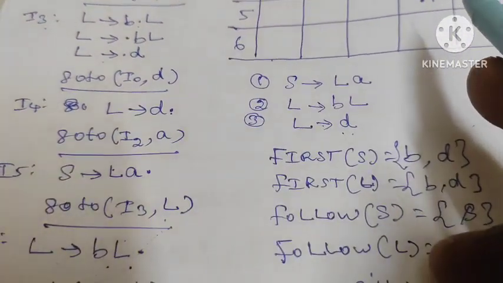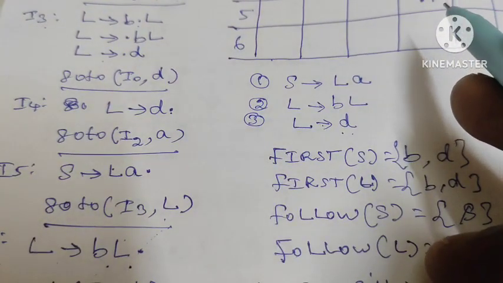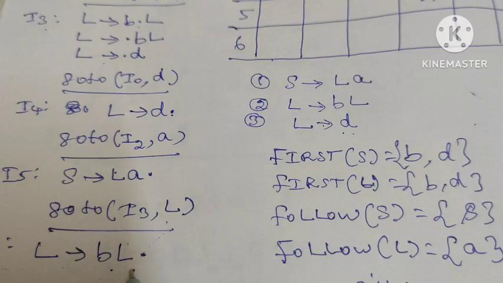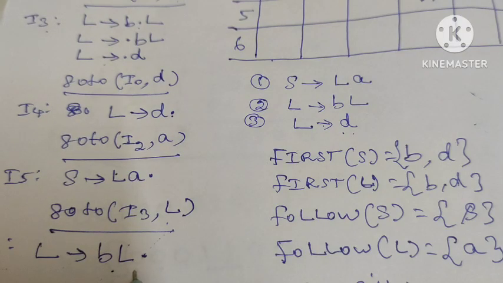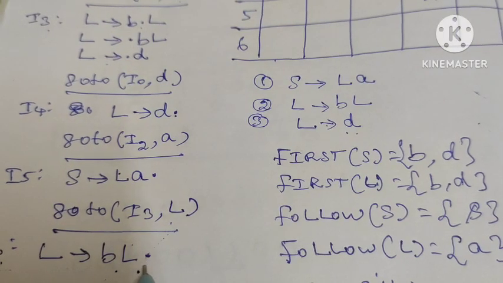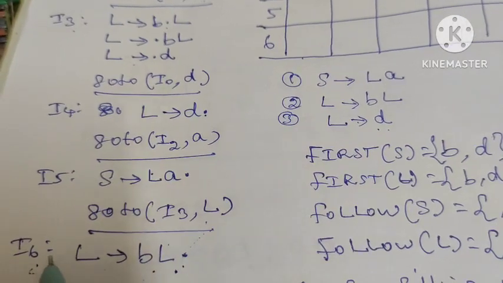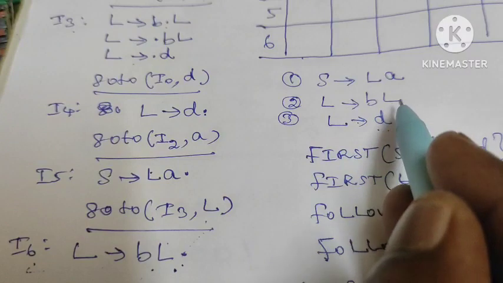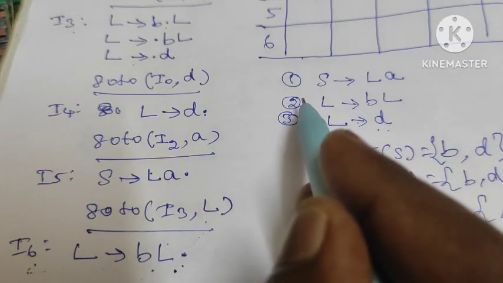Now come to the last production. The last production is L tends to BL dot. Now this is item set 6. In item set 6, L tends to BL dot. BL dot comes from L tends to BL, which belongs to the second production.